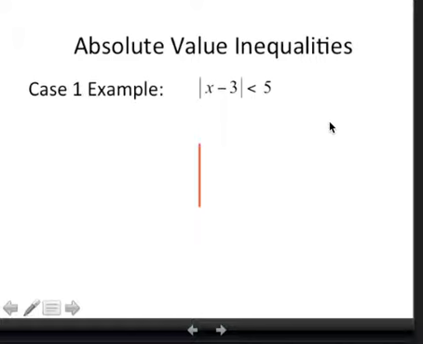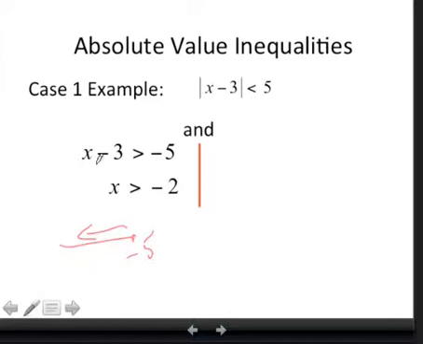Let's look at an example and try to see how to go about it. Here, modulus of x minus 3 is less than 5. The first step is to take the negative side of things. So mod x minus 3 will be greater than minus 5. When we look at the real number line, we have to look at values after minus 5. Here we just add 3 on both sides and we end up with x greater than minus 2.